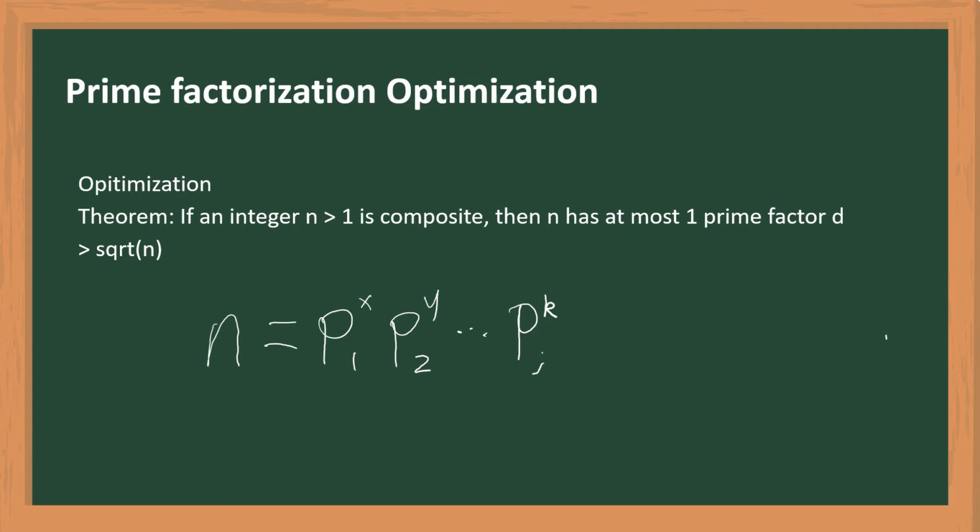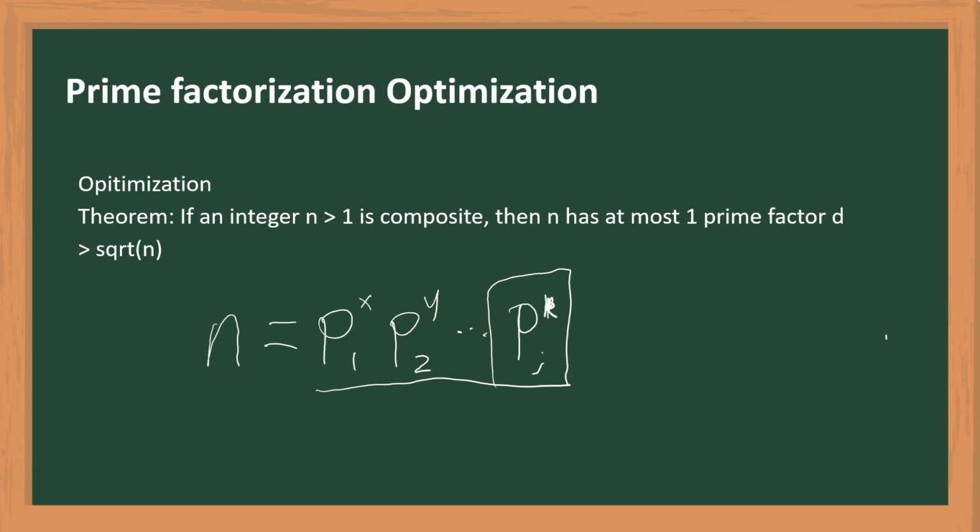By using the theorem, we know that if we sort all the prime factors here, it is easy to find out the rightmost one will be the one prime factor that's larger than the square root of n, and the exponent must be 1.